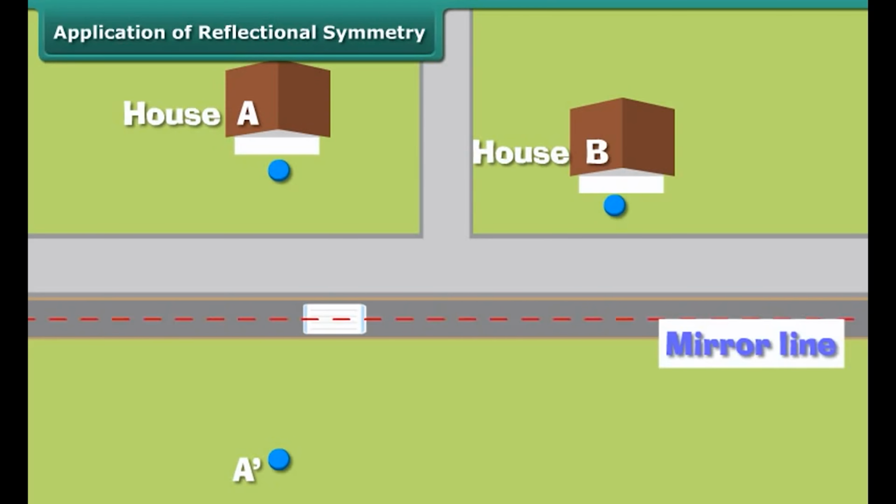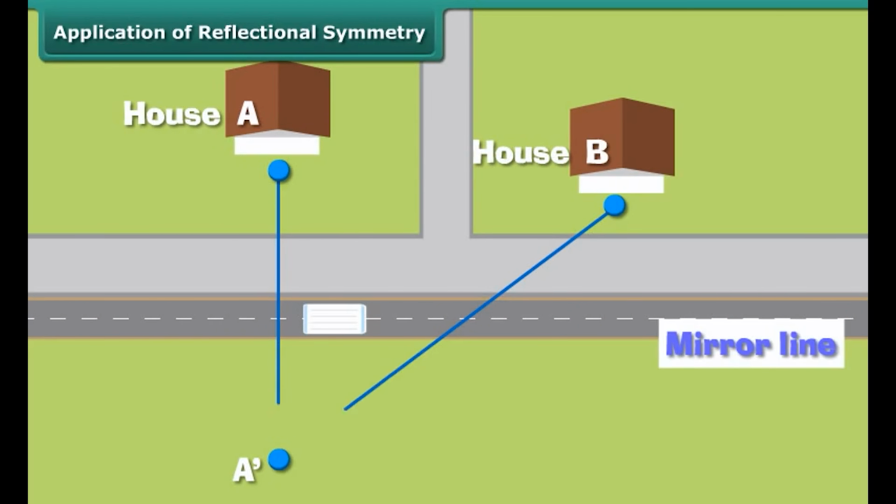Let A' be the image of A in the mirror line, which is the street here. Now join the points A' and B. You can see that at point P, the mirror line and A'B meet. Thus, point P is the ideal place for Shyam to park his van.